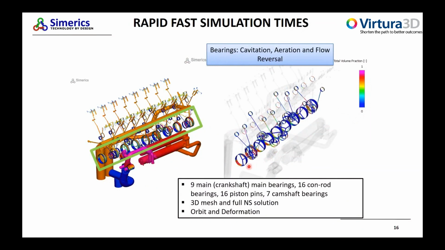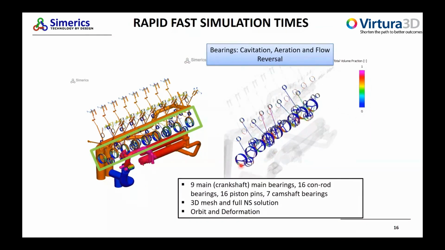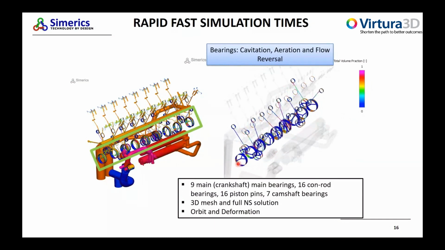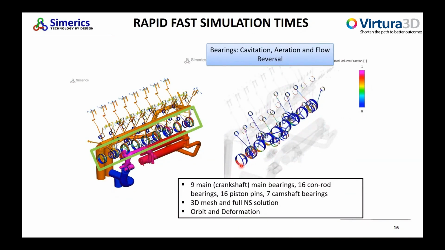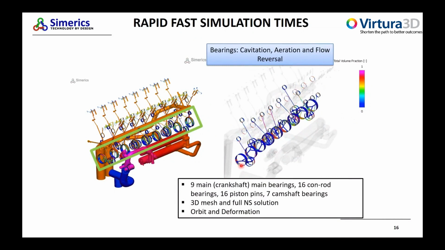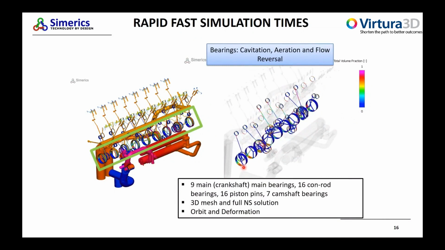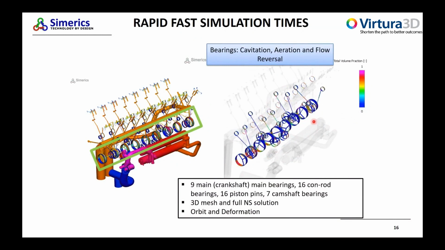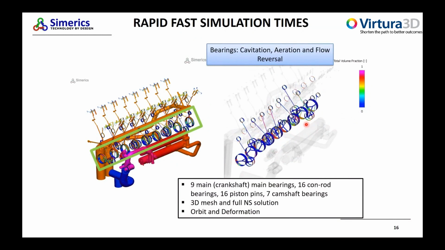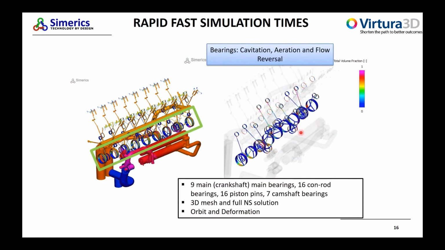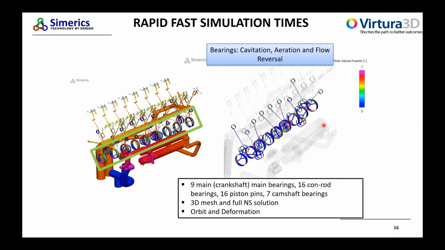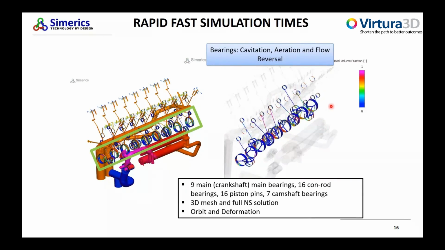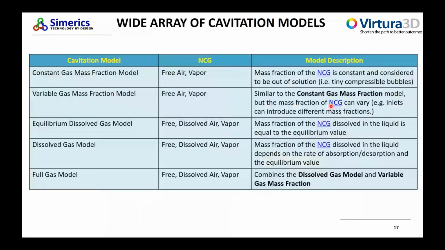Sometimes when the crankshaft is rotating around, you'll see some entrainment of air. You can see this magenta color get formed on these bearings, and then when the oil gets fed through the cross drill, that gets washed out. For this system, running this simulation takes a relatively short amount of runtime. So that shows the complex nature of our modeling capabilities while doing it in a very fast turnaround time.